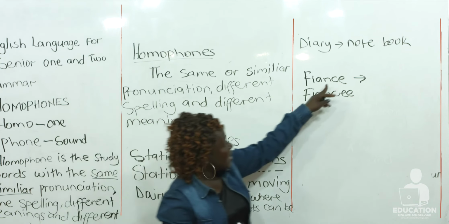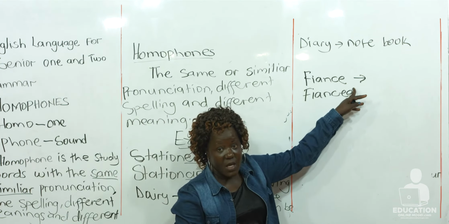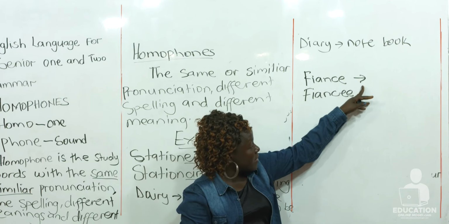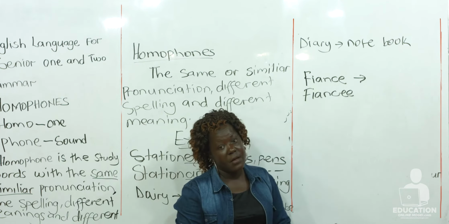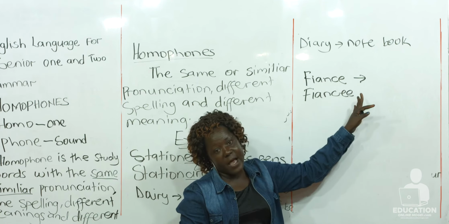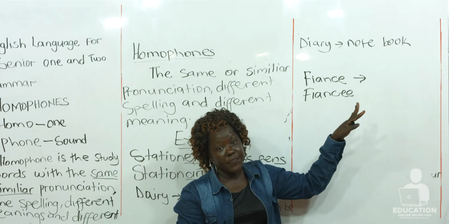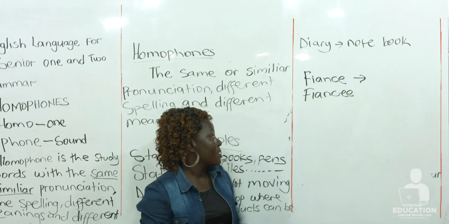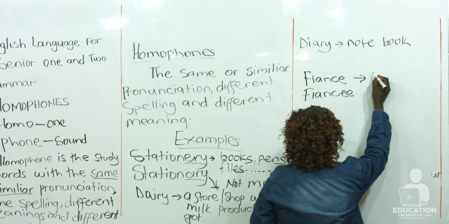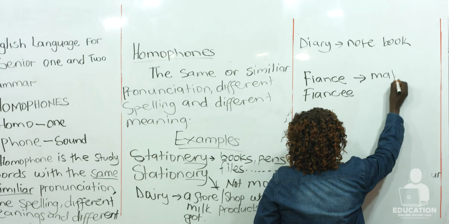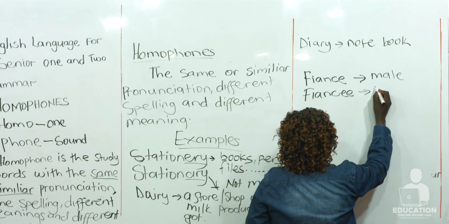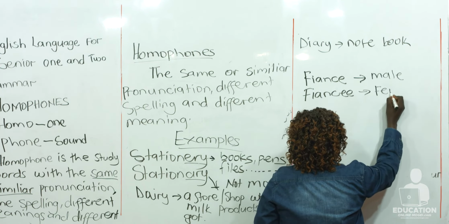That means this is for males. A male who is engaged and is ready to marry or will marry at any time. But this one, a girl who is engaged and about to marry. So you can see this one is for male. Meanwhile, this one is for female.